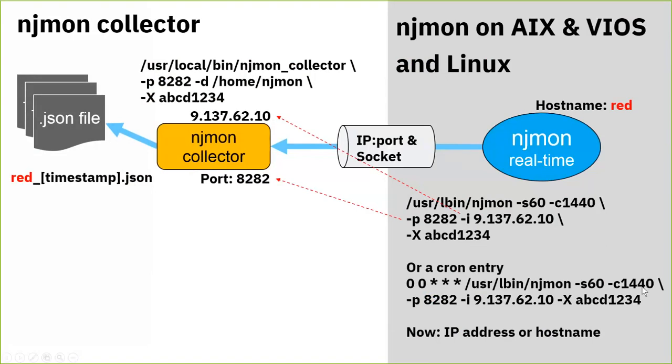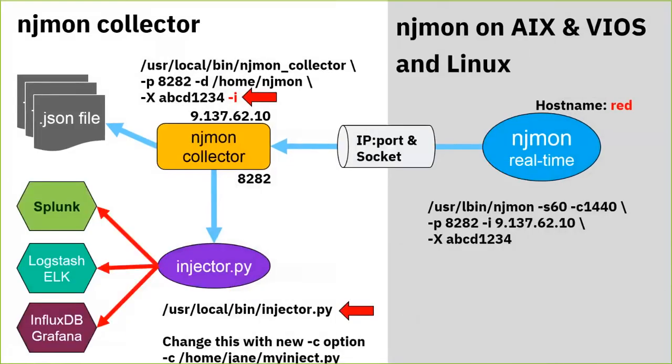That's once a minute for a day, and then it'll start a new one the following day. That's good because if you reboot the machine, by midnight it will actually start collecting data again if you forget to do that yourself. And if you've got the -i in there, then it'll actually do the injecting as well.